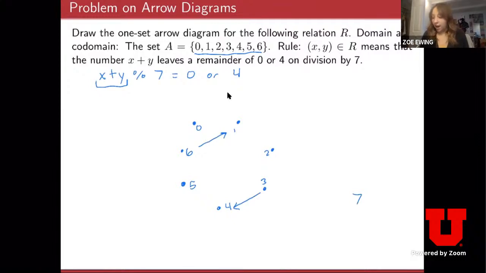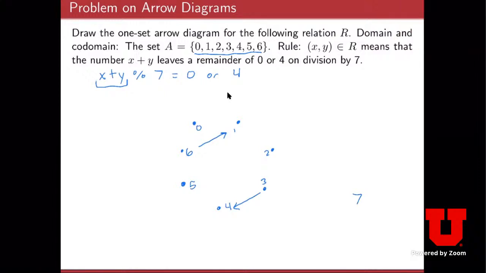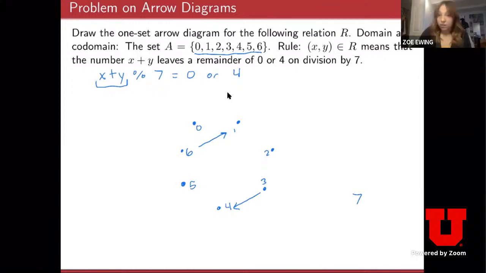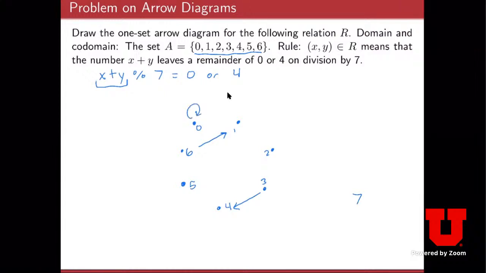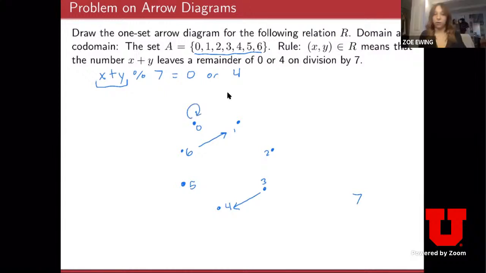Okay, what else can we add to both of these arrows? 0, 0. Yes, and that sum will be 0, so it will have a remainder of 0 after division by 7 as well.